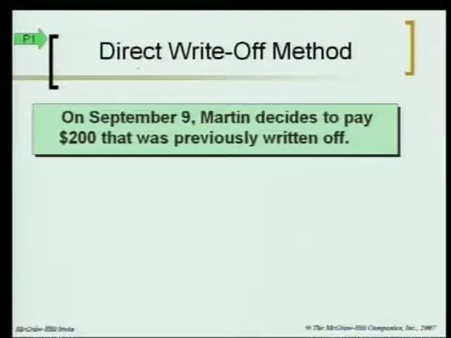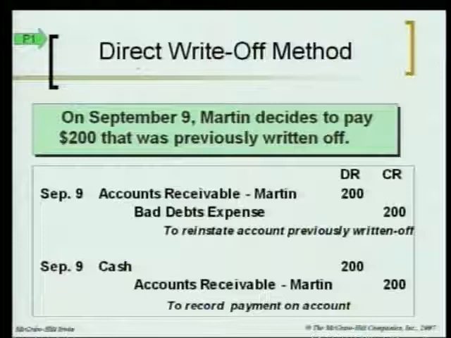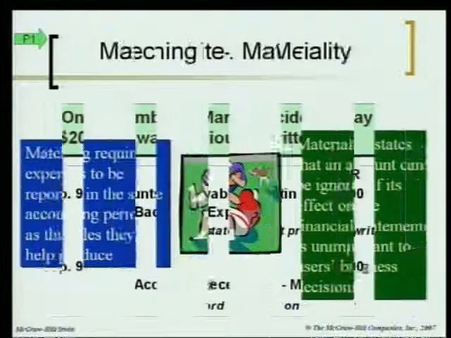No, take their money. So we would reverse $200 worth of that receivable, and then we would collect the money as we normally would. Does this make sense? That is the direct write-off method.